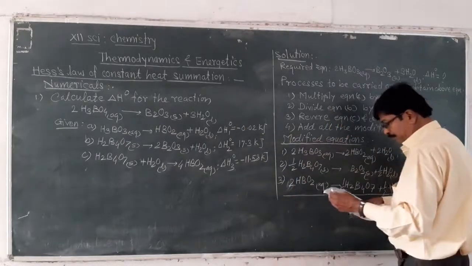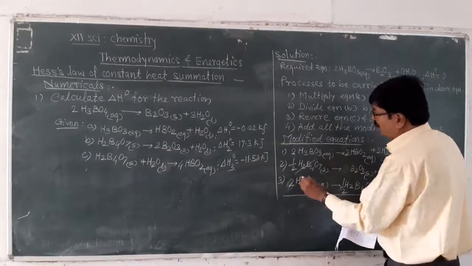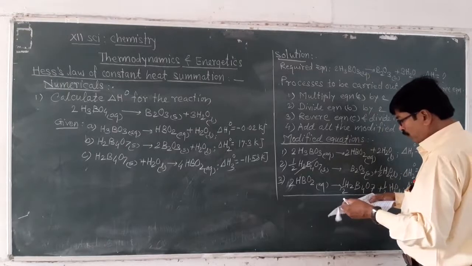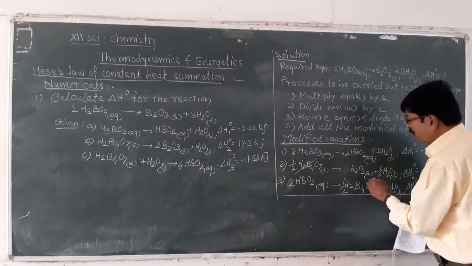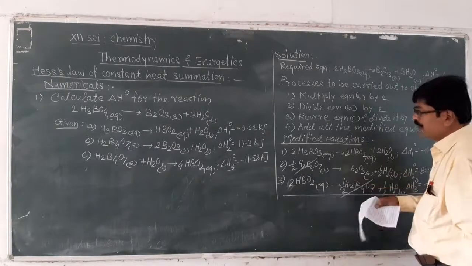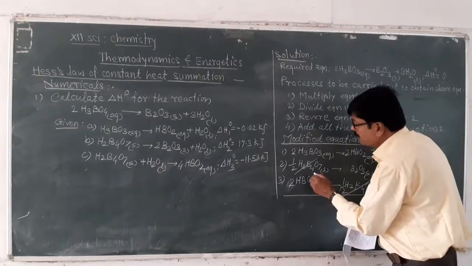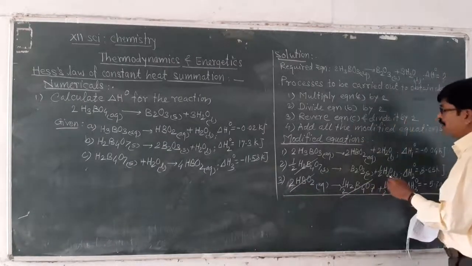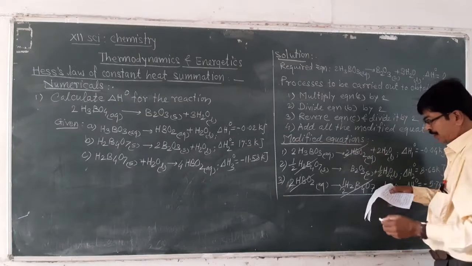Now you have to obtain this equation. Here 1/2 of H2B4O7 is cancelled with this. Twice HBO2 is cancelled with this.